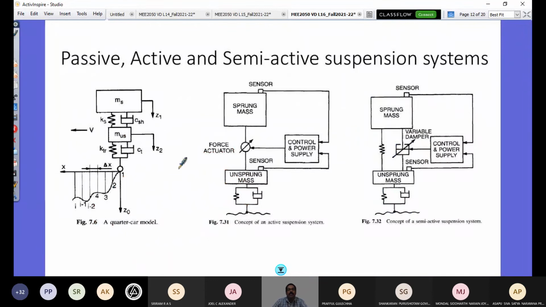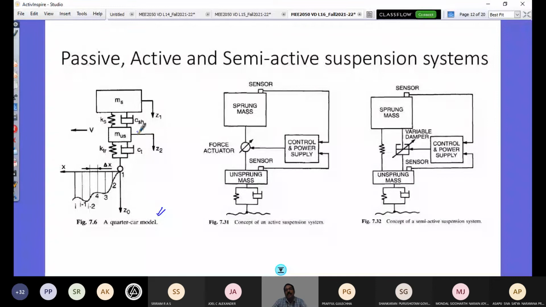The passive suspension system is what we have been discussing so far. Figure 7.6 can be referred to. These values are fixed here. If these values are fixed for isolation, the compromise in holding and handling comes into the picture. I know my requirement according to the operating condition and load variation of my vehicle.